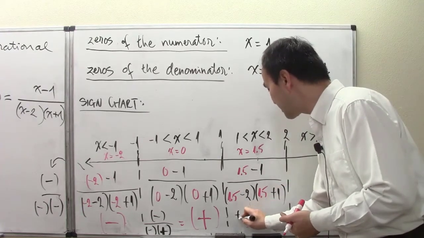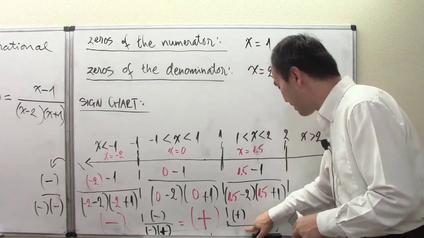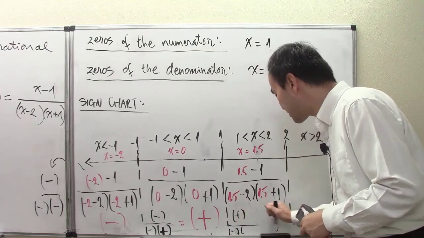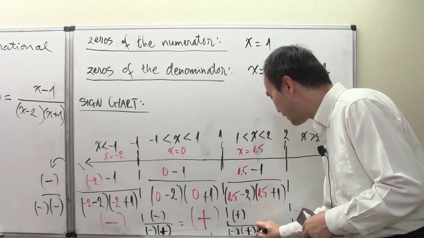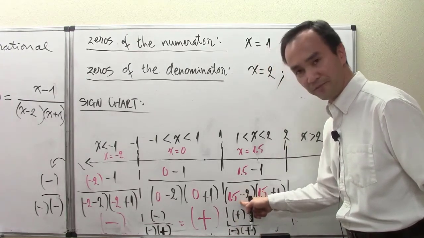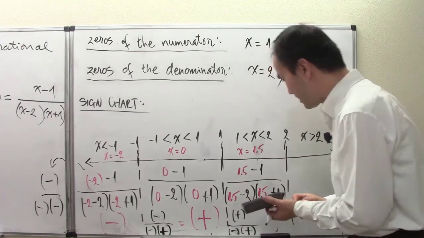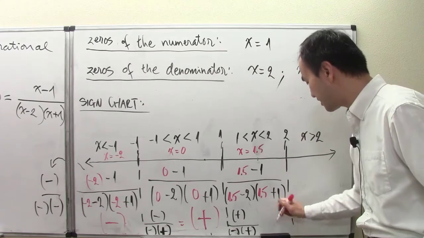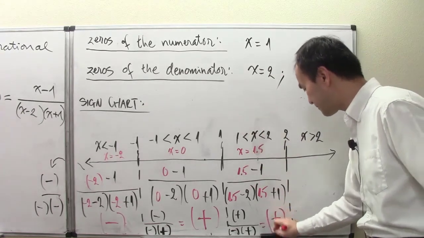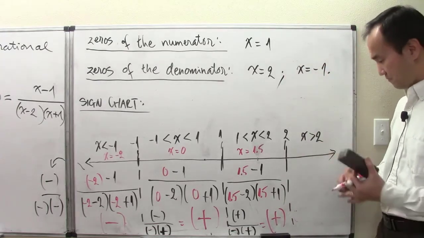It's positive in the numerator, and in the denominator we have two factors. One of them is negative, the other one is positive. It's negative for that factor, and it's positive for this factor. So my overall sign of the rational function in this interval is positive.